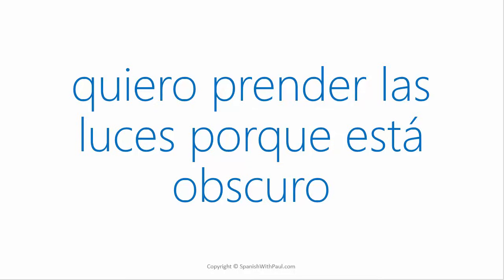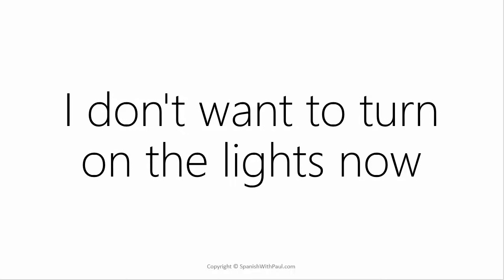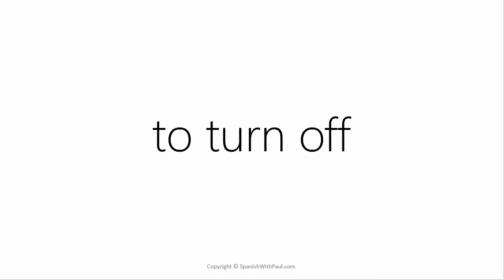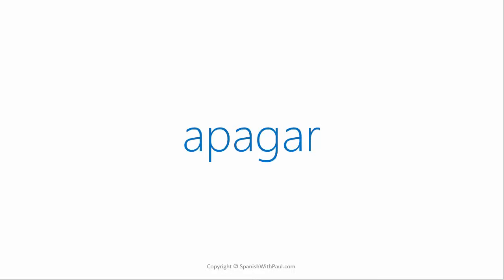How would you say, I don't want to turn the lights on now? No quiero prender las luces ahora. What's the verb to turn off? Apagar. And how do you say, I need? Necesito.